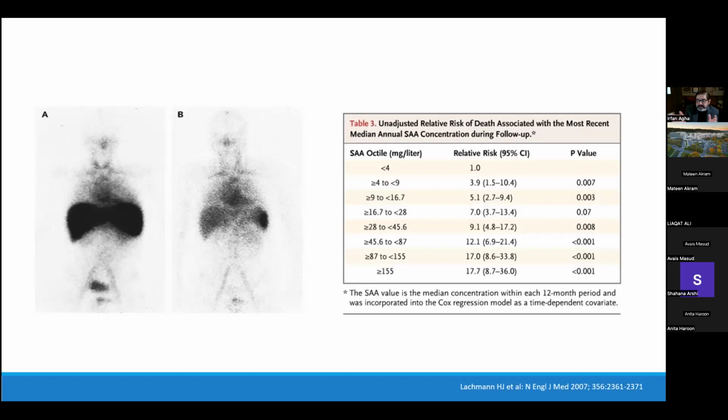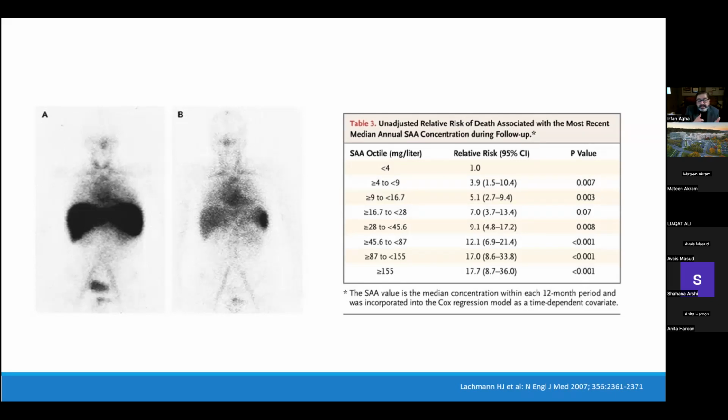So I put this picture up to show that things can get better. If you catch them early, you can reverse some of it. On the left side is a patient with familial Mediterranean fever with frequent clinical activity, and then they placed them on colchicine therapy, and the activity went down.